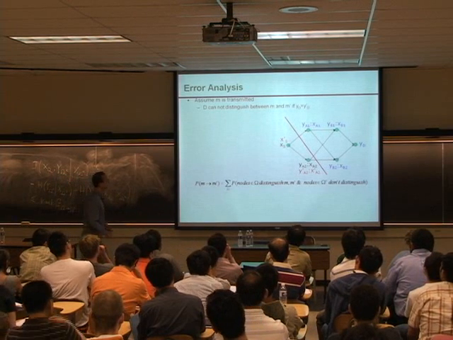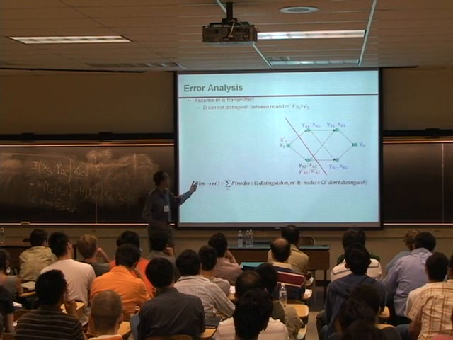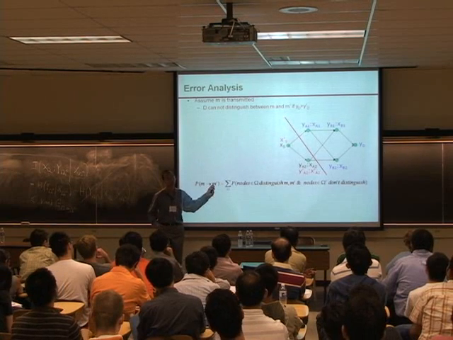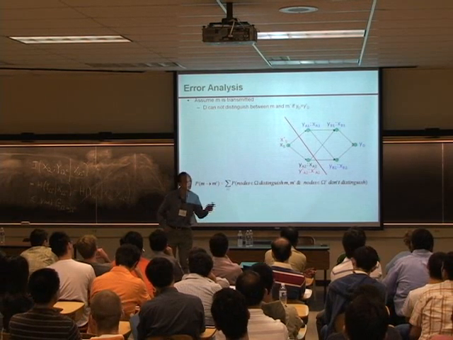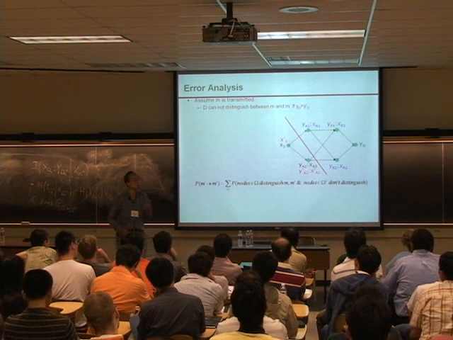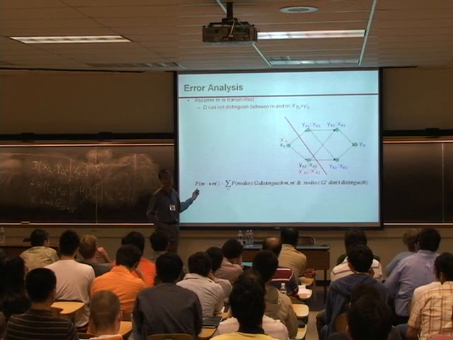So I can break up my error event of sending M and incorrectly sending M prime. This is the pairwise error event. This is classic information theory: you first analyze the pairwise error event, and then you do a union bound or some more sophisticated bound to get a tighter overall error probability.